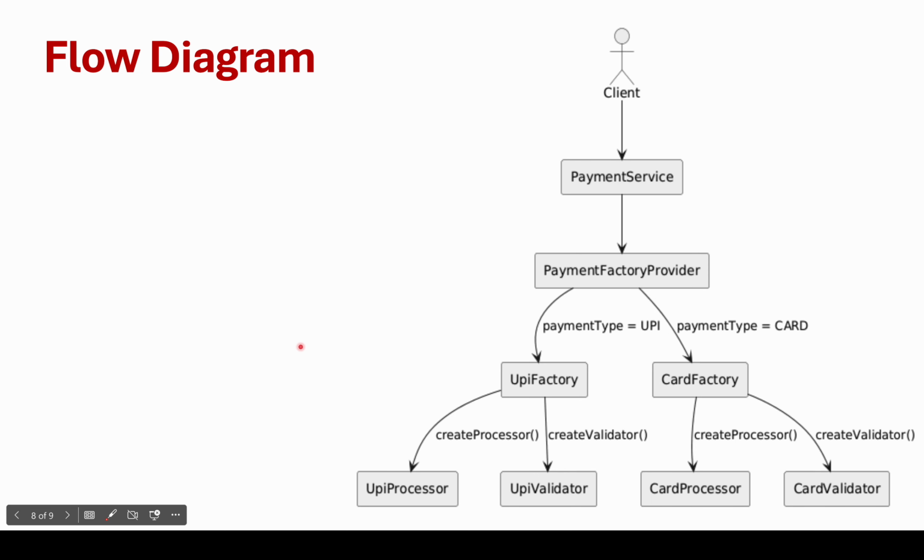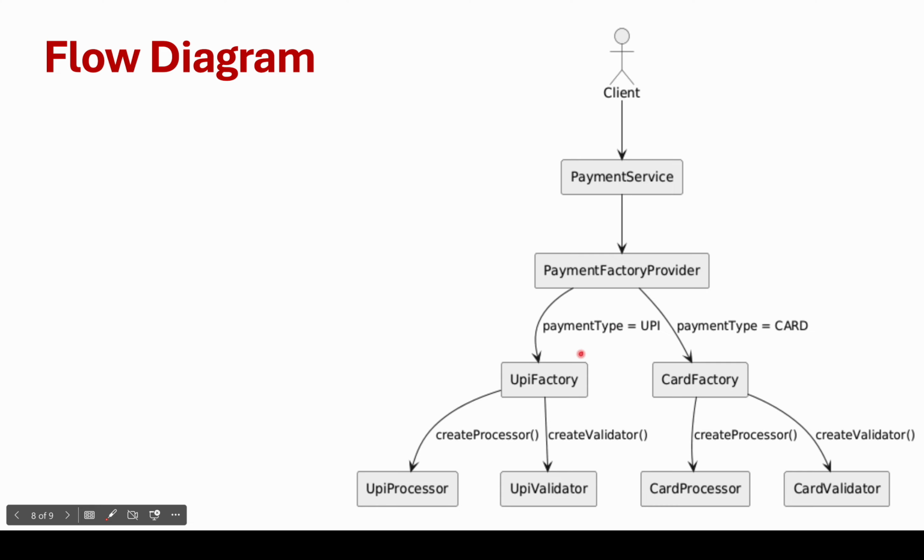So let's understand this with the flow diagram. We have the client, and then the client interacts with the service class, the payment service class. Now payment service class is loosely coupled. There is no tight coupling in this class. We are relying on interfaces. How do we get the exact implementation? Through our factory provider.